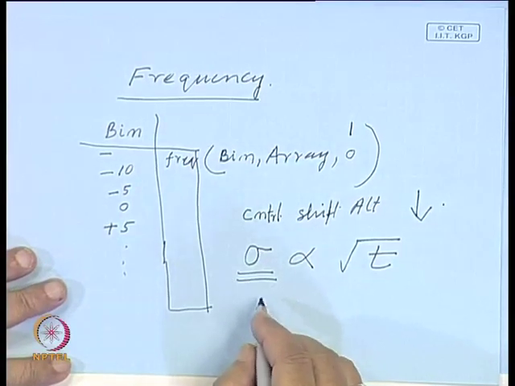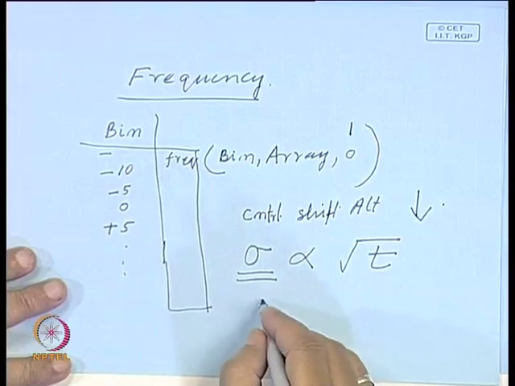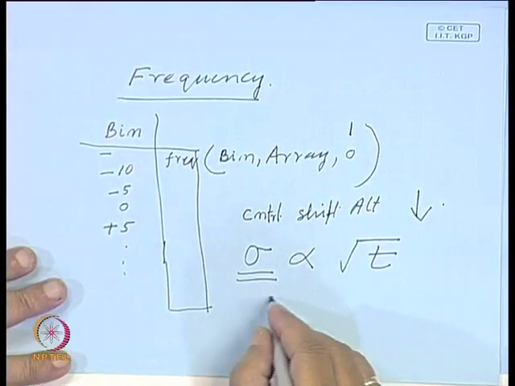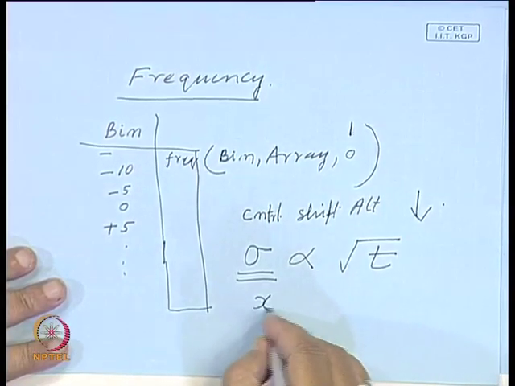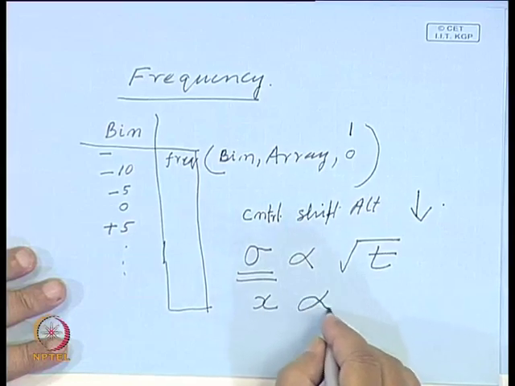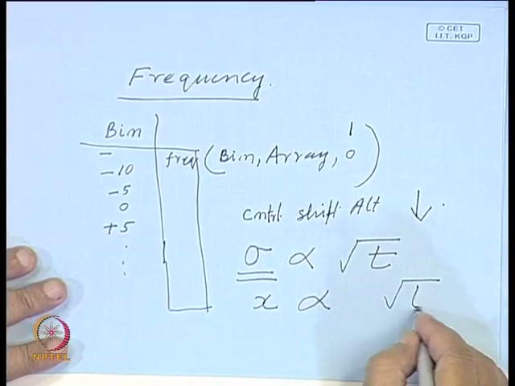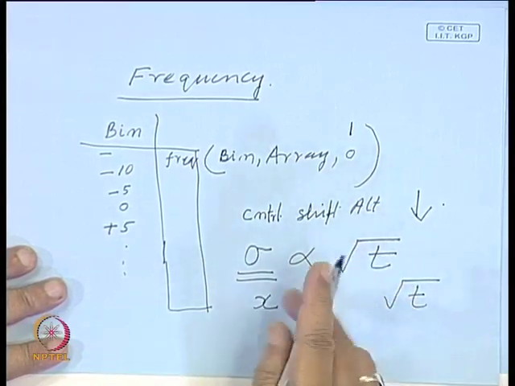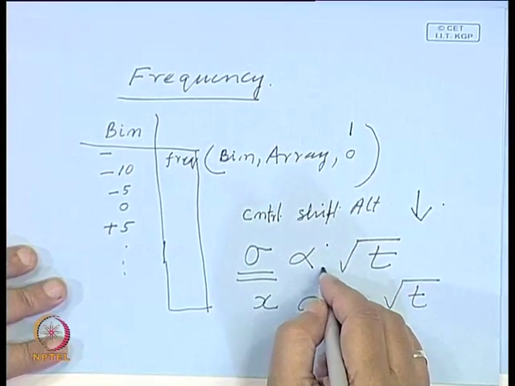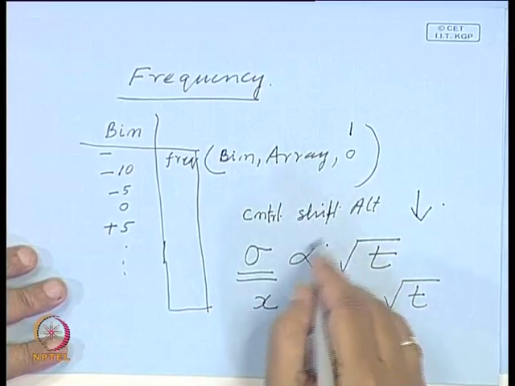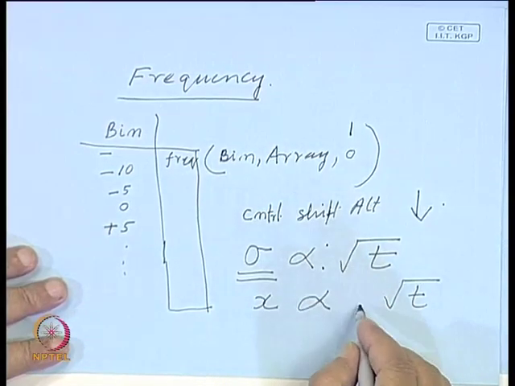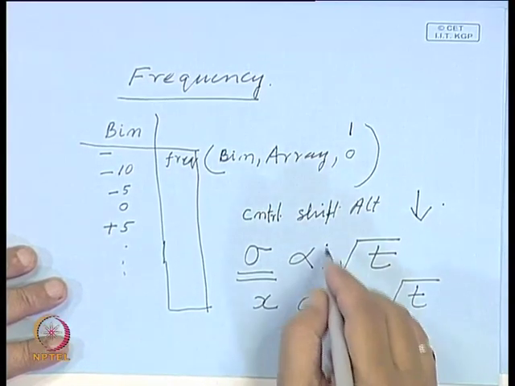And we also have seen that the diffusion distance is also proportional to root t. So that means here is also a concentration, here is also a proportionality constant, here also there is a proportionality constant.